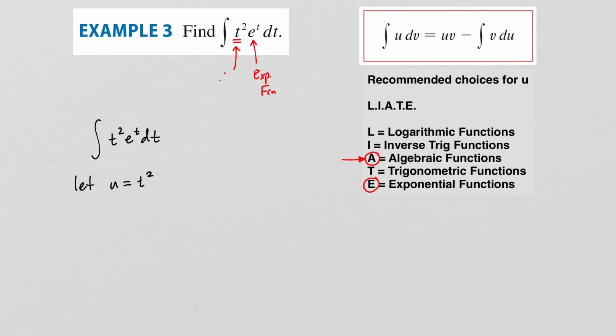Now, once I've chosen u to be this, then dv is going to be the rest. And so dv would have to be e to the t times dt. Now we just calculate du, which is 2t dt, and then v is the antiderivative of e to the t, which is e to the t.